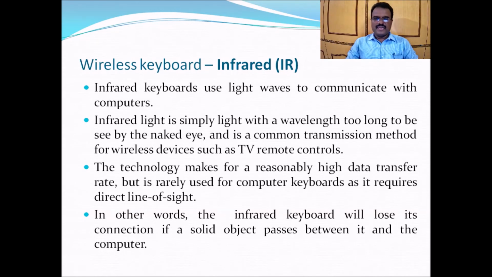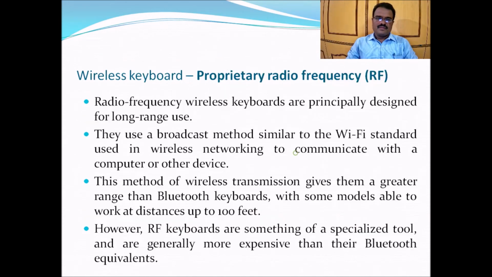In other words, the infrared keyboard will lose its connection if a solid object passes between it and the computer. So as infrared waves work on direct line of sight, if any object passes between the transceiver and receiver, there will be interruptions in sending and receiving the signal, that is nothing but loss of data.